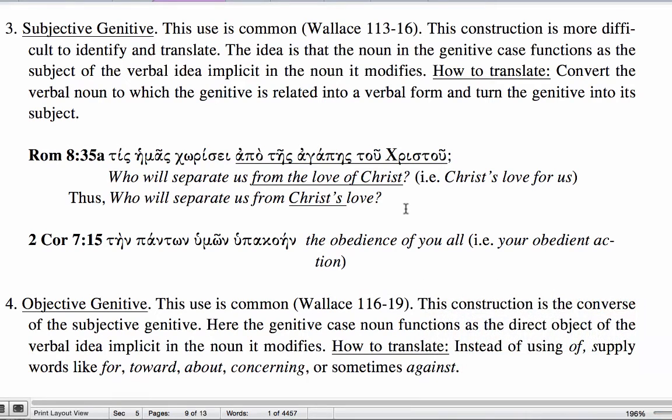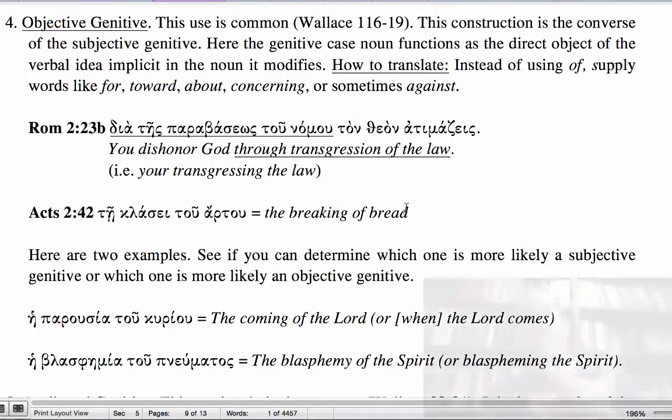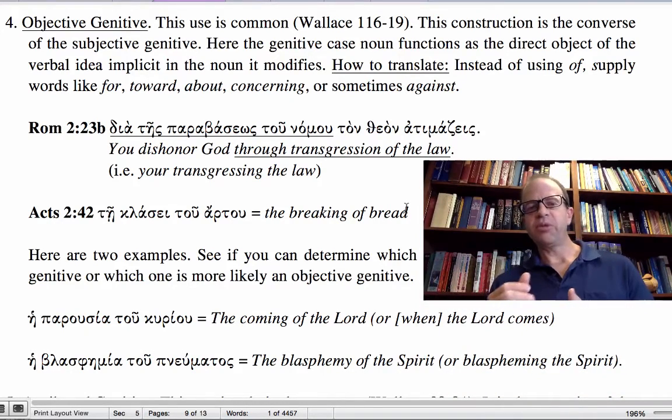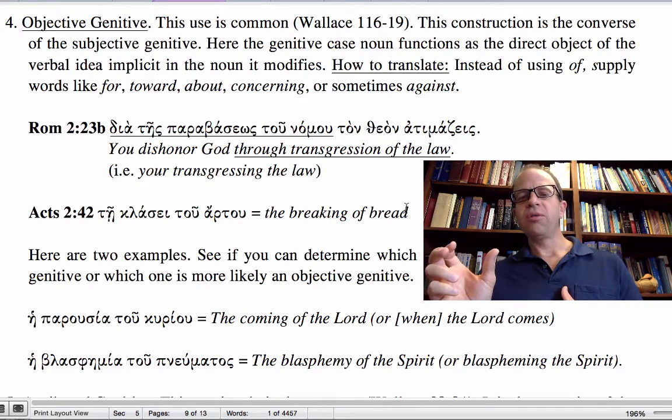Now, sometimes this verbal head noun, this kind of verbal idea that's represented as a noun, will take a genitive which functions a lot like an object or a direct object. That's called the objective genitive. So in this example here, you dishonor God through transgression of the law.